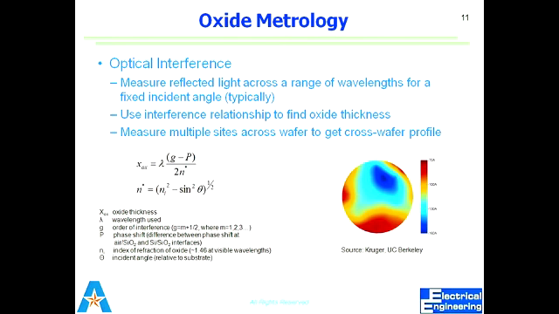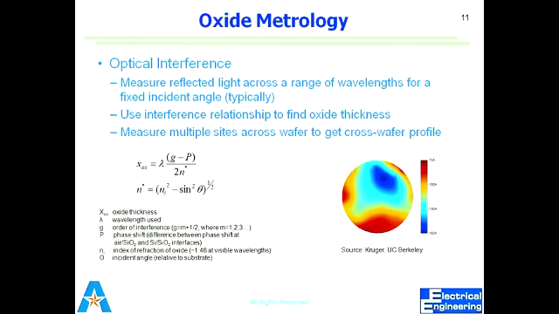How it actually works: if you have the oxide layer, light comes in, and it is reflected from the upper and the lower interfaces.